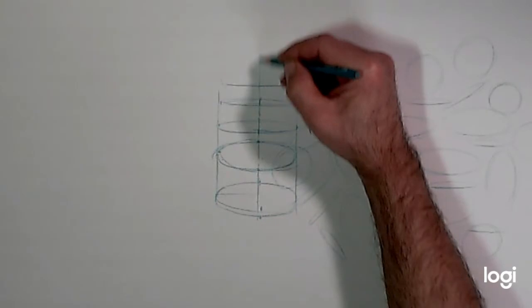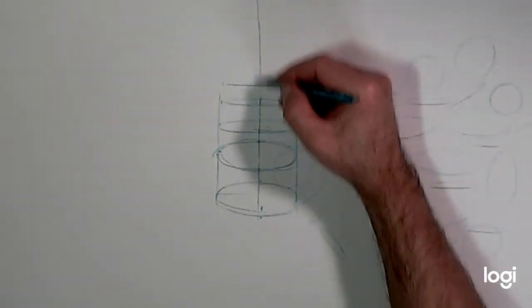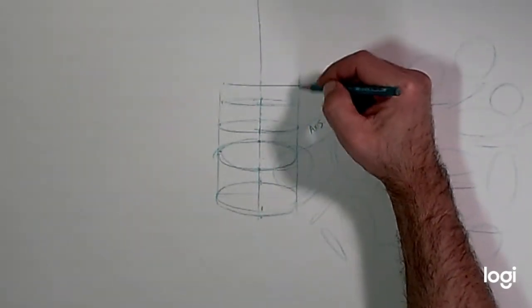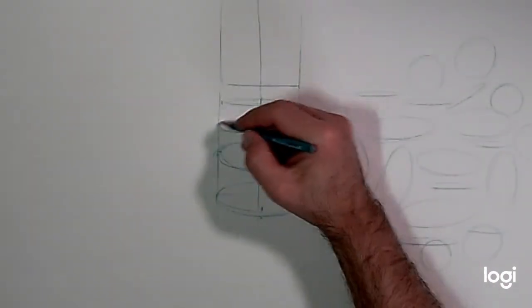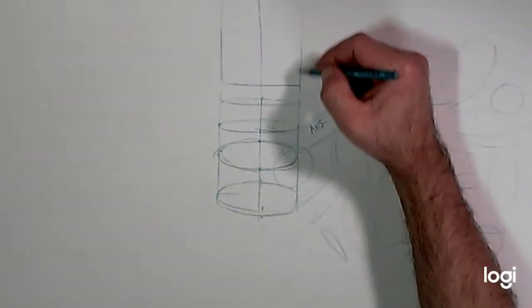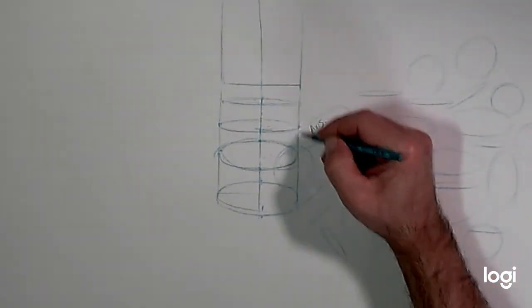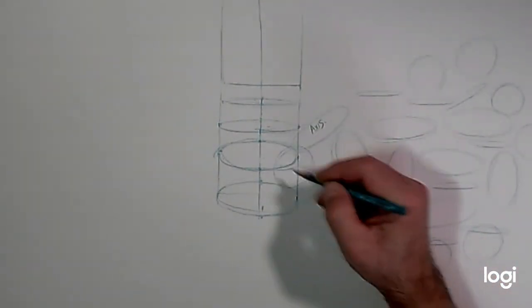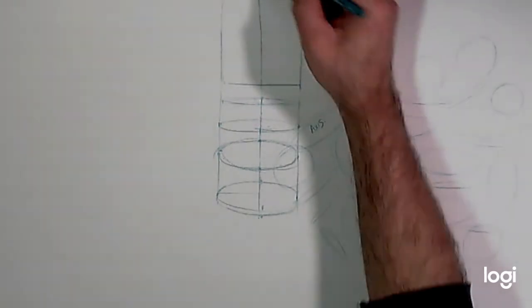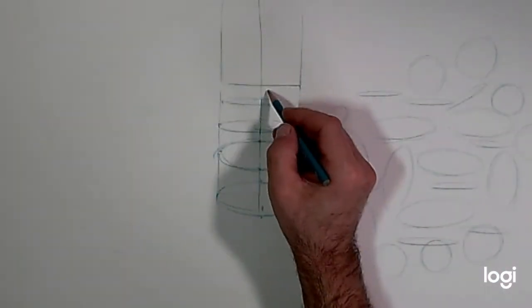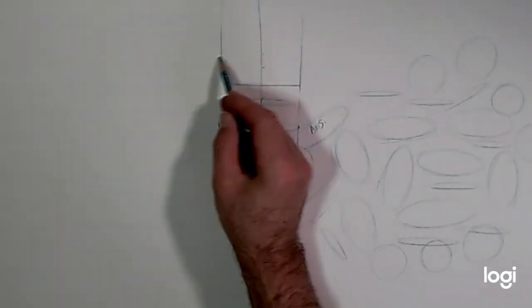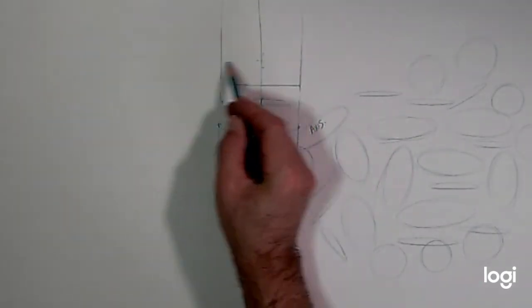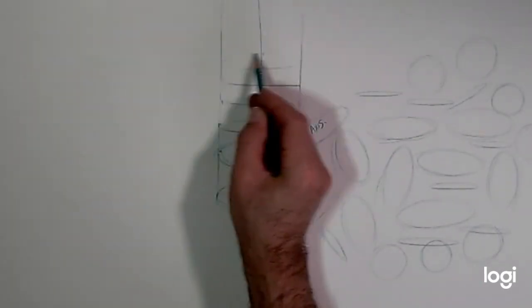So if we project that axis upwards and we project the sidelines upwards, this projection gives us these, and this projection gives us these. So directly above the horizon, just starting to kind of look up at this thing, it'll go about like this.